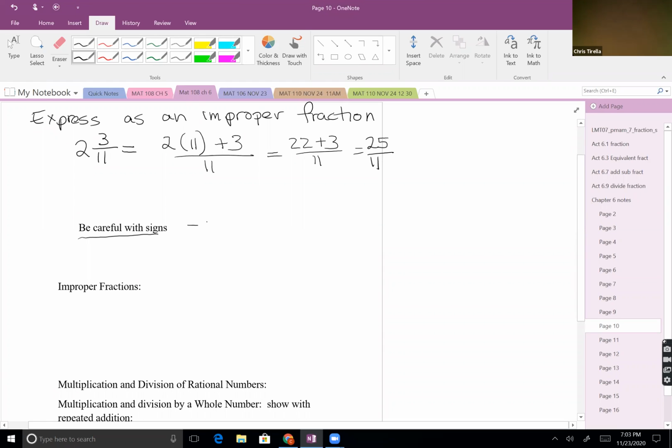If I have -3 and 2/3, that means the negative of 3 plus 2/3, which, let's see, 3 times 3 is 9 plus 2, and that's -11/3. This is not -3 plus +2/3. The way this is written as a mixed number, it's all negative.